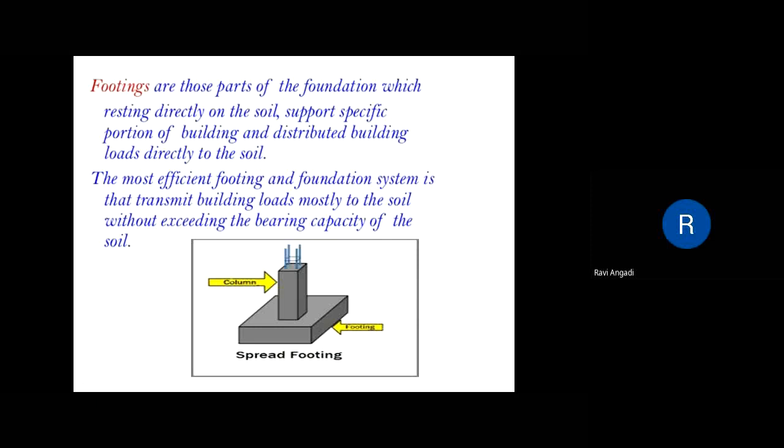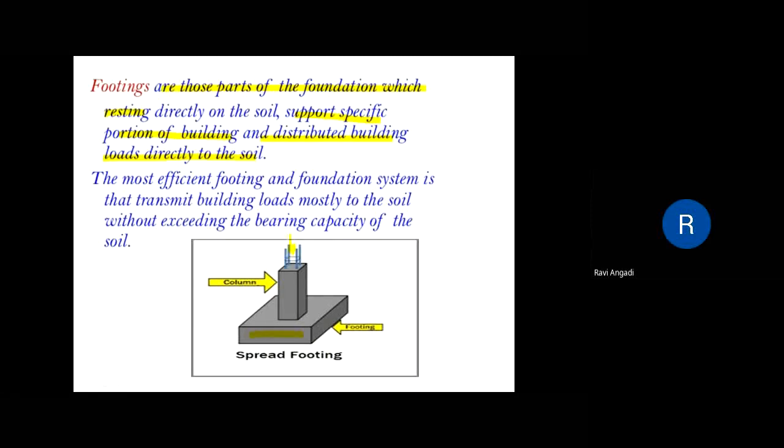Okay, right, the definition for the footings. Footings are those parts of the foundation which rest directly on the soil. This is a footing, which rests directly on the soil and supports a specific portion of the building, distributing the building loads directly to the soil. The function of the footing is only that, whatever load comes from the column.